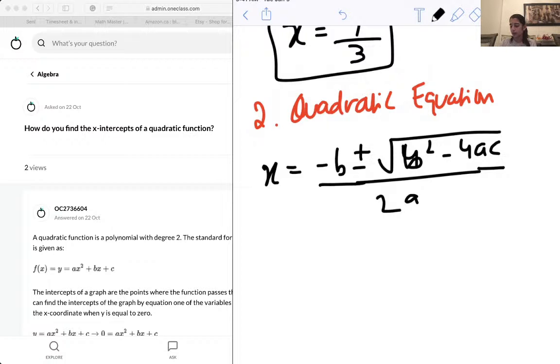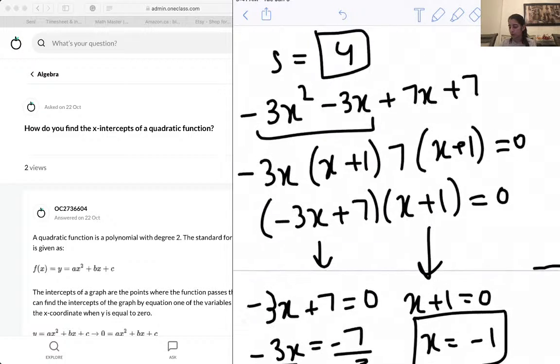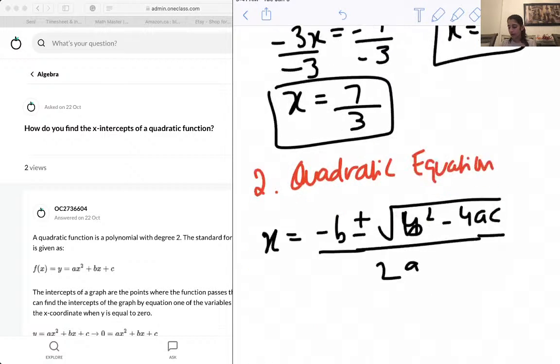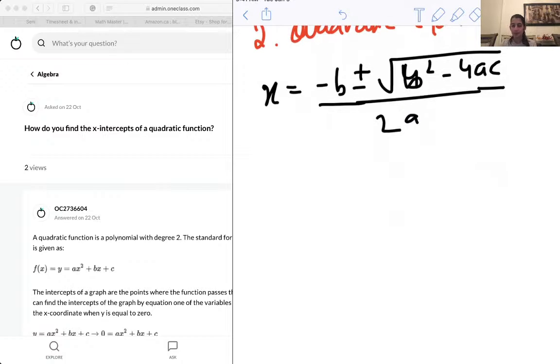If you look back at our standard form, we're going to use this value for a, this value for b, and this value for c in our equation and figure out our two x's.